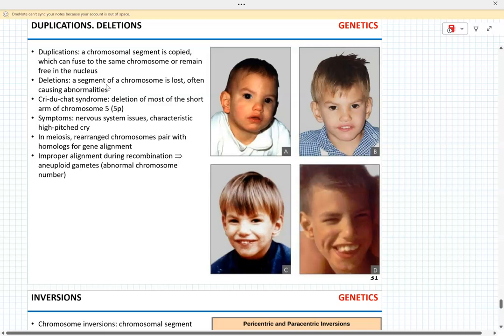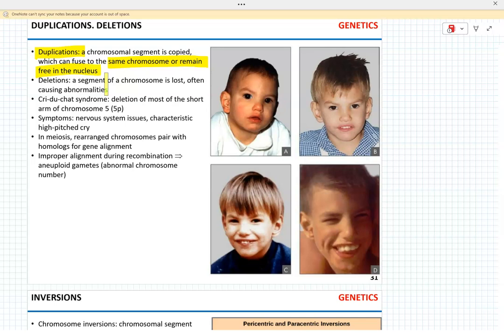Now we're going to talk about some other chromosomal abnormalities, and we're going to start with duplications and deletions. In duplication, a segment of a chromosome is copied and fused to the same chromosome, or can hang out in the nucleus. In a deletion, the chromosomal segment is lost, which you can imagine leads to abnormalities.